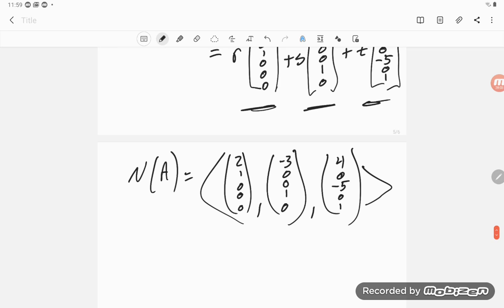And again, in this case, I might have skipped past that, but notice here the dimension of the null space of A, or the nullity, is equal to 3.